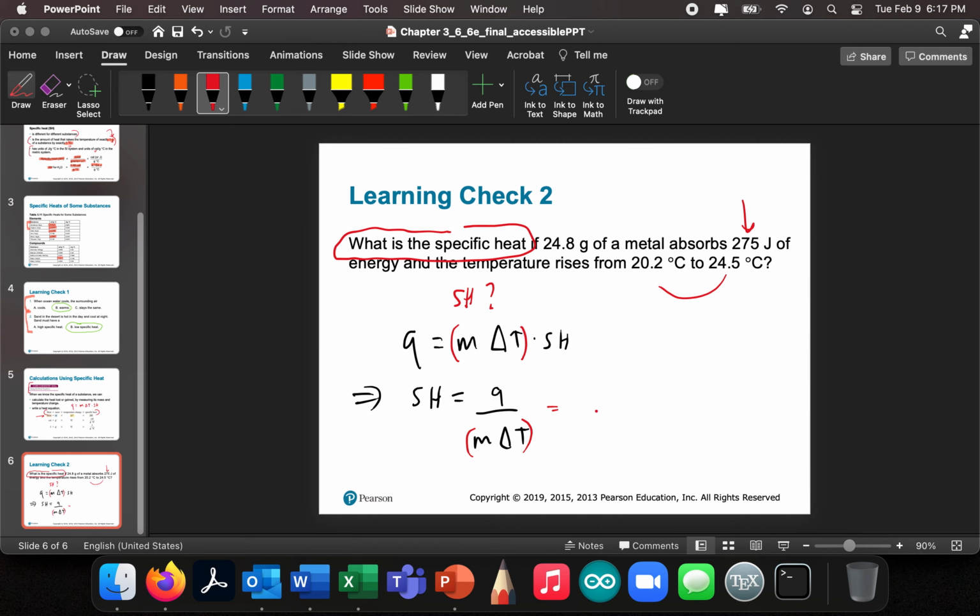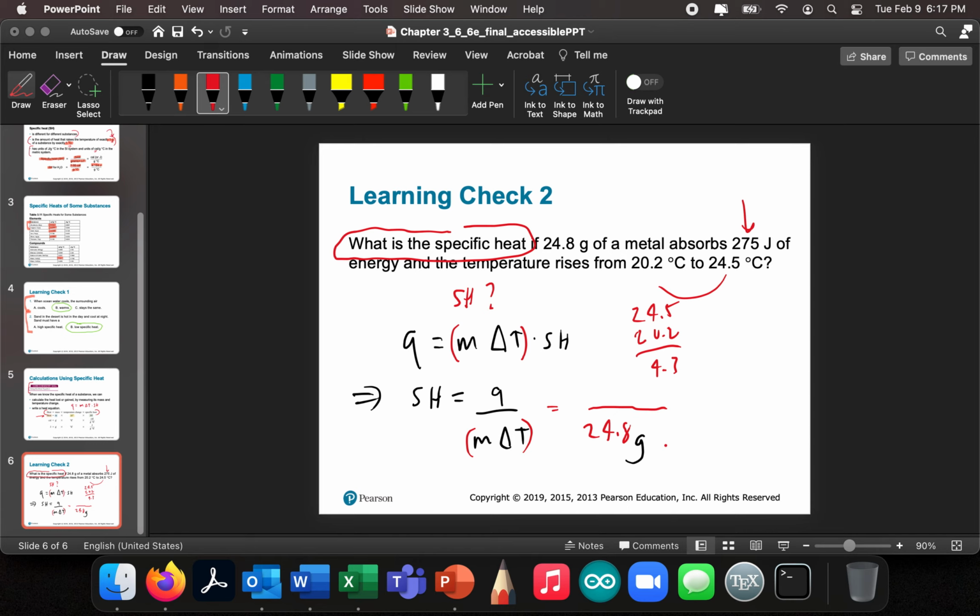The mass is 24.8 grams, right? I'm going to put the units in a different color. 24.8 grams, right? And the change in temperature, that looks like it's going from 24.5 minus 20.2, which is 4.3, okay?